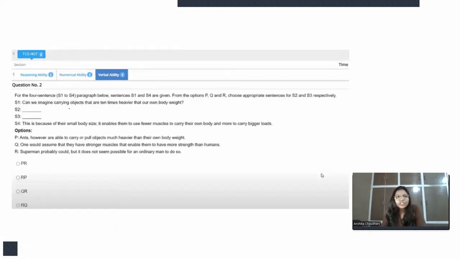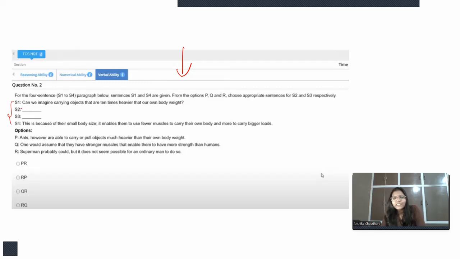Okay, so the second question is, this type of question is kind of a favorite of TCS, right? Every year they must ask at least two or three questions from this type. So for the four sentences, S1 to S4 of the paragraph below, sentences S1 and S4 are given. So as we can see, there will be four sentences, S1, S2, S3 and S4, right?